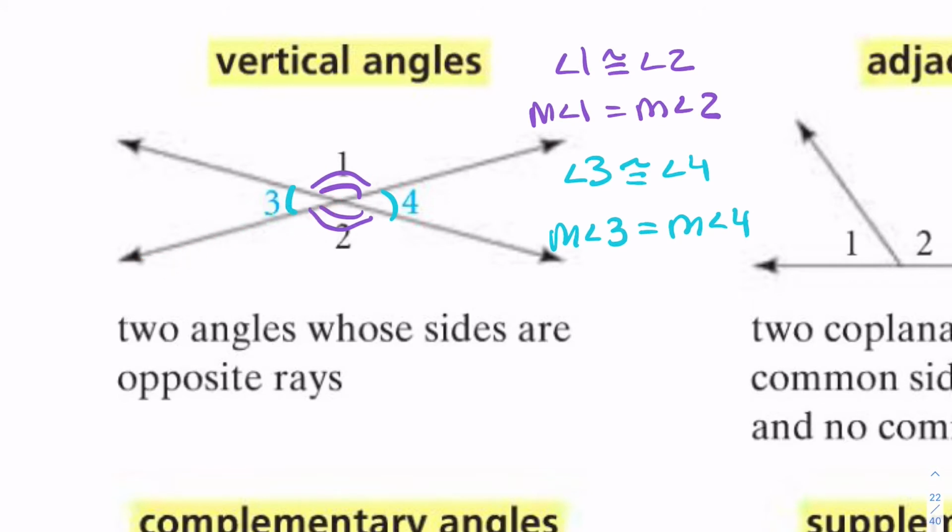Therefore, 3 and 4 are two angles whose sides are formed by opposite rays. They are not formed by intersecting lines. So if you see that on a quiz, don't pick that as an answer, because this is the specific definition for vertical angles. They actually make a V. That's how I remember them.